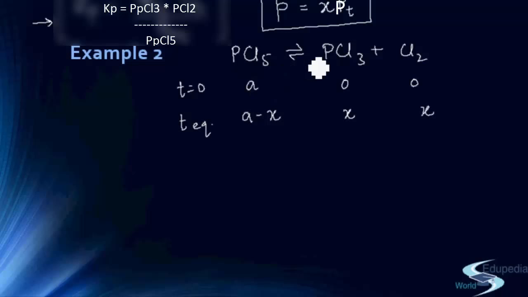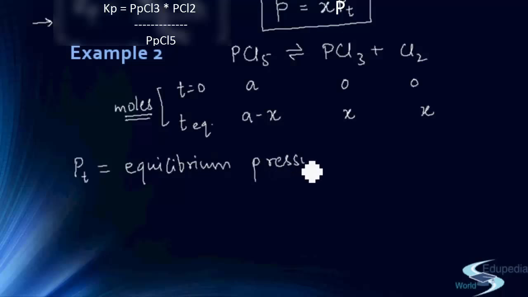Total pressure is also sometimes referred to as equilibrium pressure of your container, because it is the pressure exerted at equilibrium by all the reactants and products together. This same pressure is also called total pressure of the container at equilibrium. So this value will be given to us.